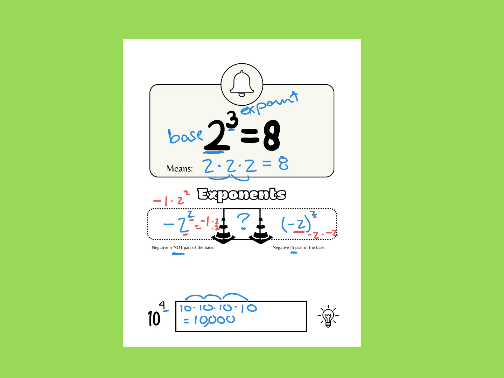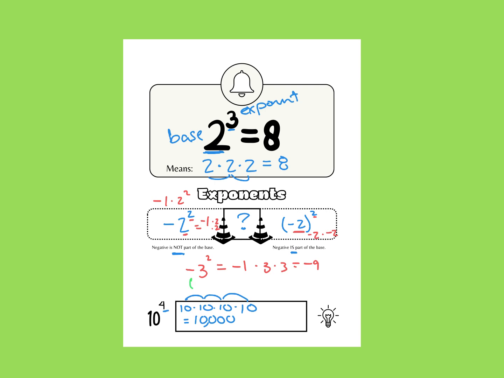So an extra example is if I have negative 3 to the second, this means I've got that negative sign, which we can put a 1 in front of it, and then I have 3 times 3. So this answer would be negative 9.